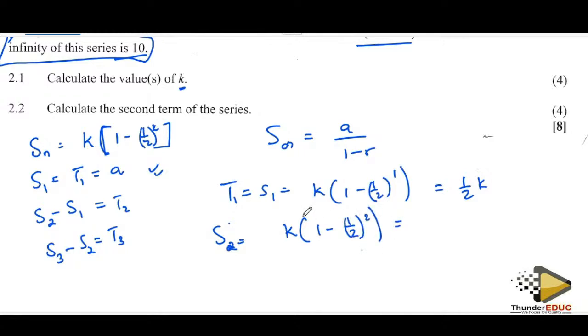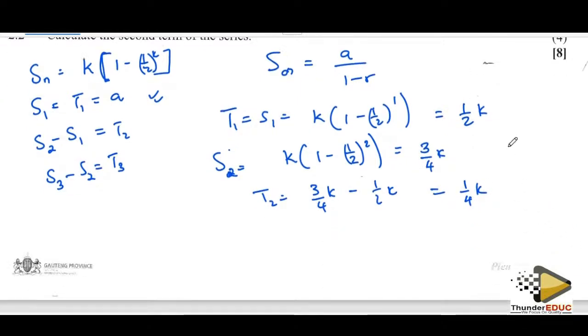So I know that 1 minus 1 over 2 squared is going to give me 3 over 4 K. But remember, for me to get my second term, I must take 3 over 4 K and subtract the first term, which is a half K. And then I'm getting 1 over 4 K. So this is my first term, that's my second term.